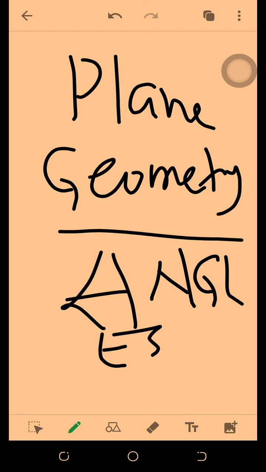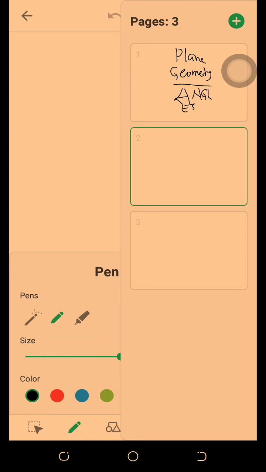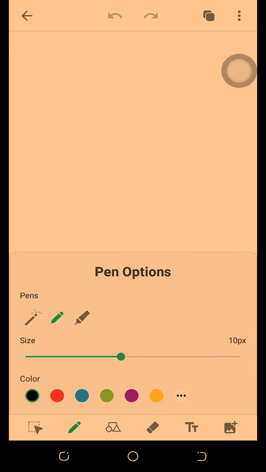Our subtopic will be looking at the definition of angles, examples of angles, and after that we'll also be looking at parts of angles.